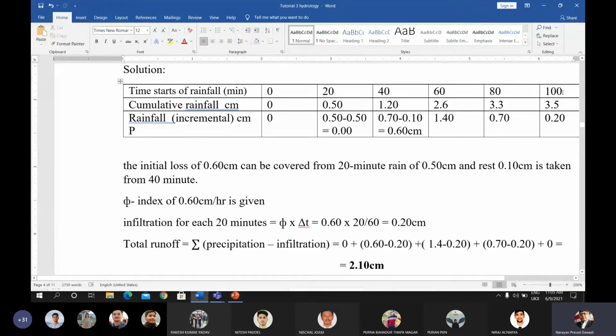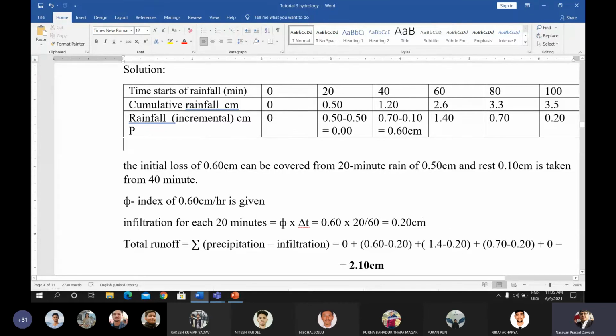But for the last 100 minute duration, the incremental rainfall depth is only 0.20 centimeter, and the infiltration for the 20 minute interval from 80 to 100 minutes is also 0.20 centimeter.